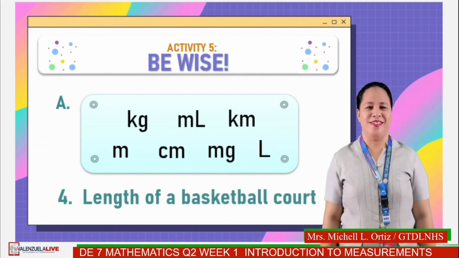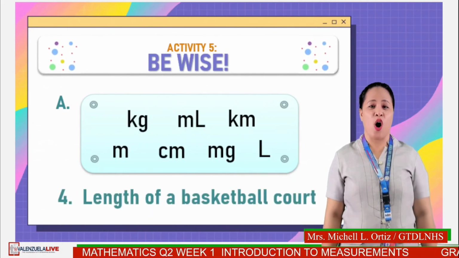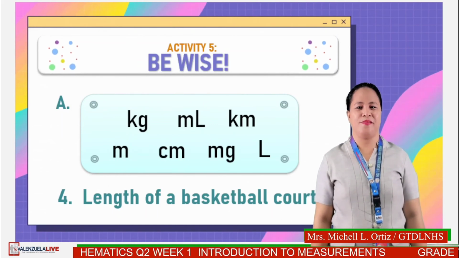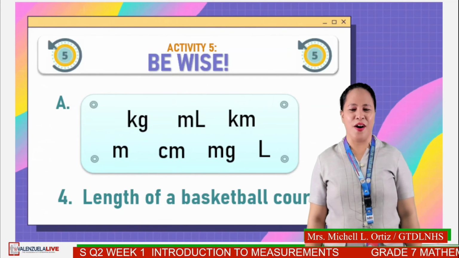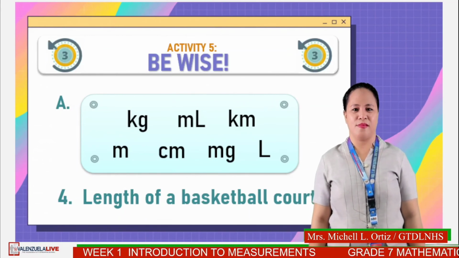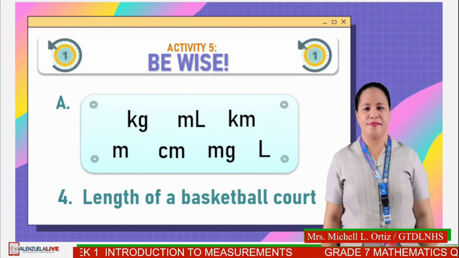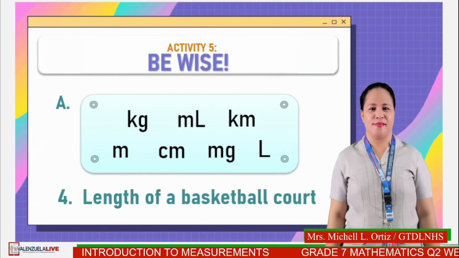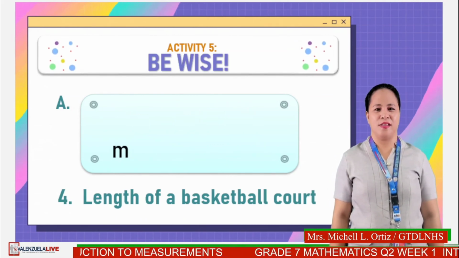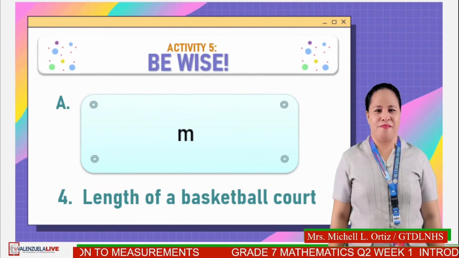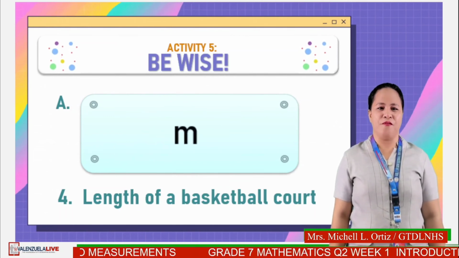Number 4. Length of a basketball court. 5 seconds. Go. Correct answer is meter. Number 5.